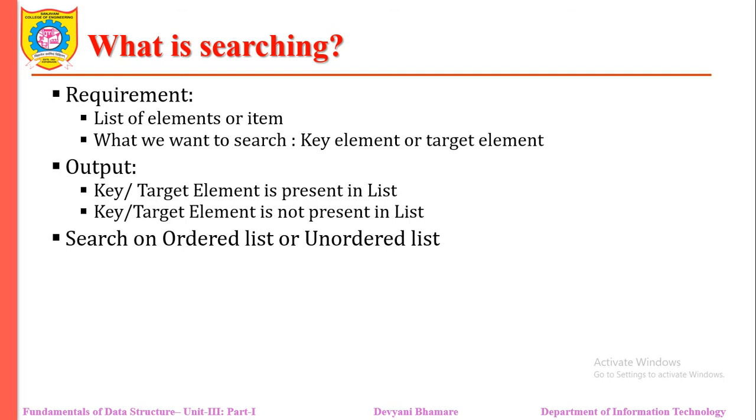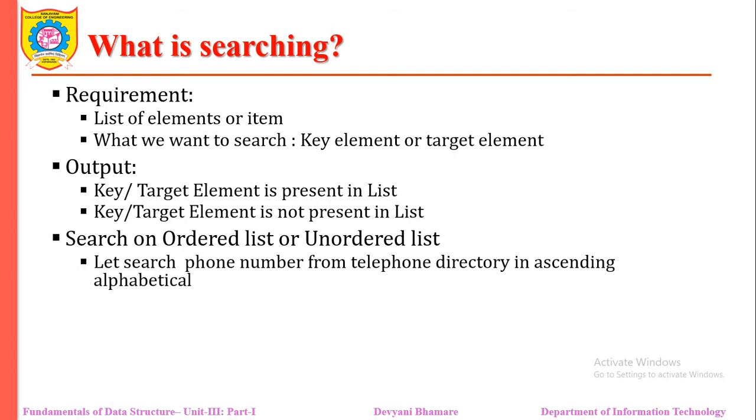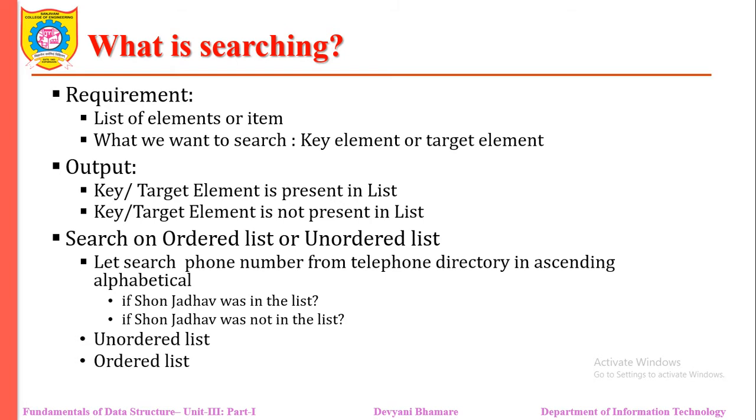For example, if you are looking in a telephone directory for the telephone number of a specific person, say Shon Zado, we are saying whether the name is in the list or not. So the telephone directory is the best example of a sorted list, called an ordered list.